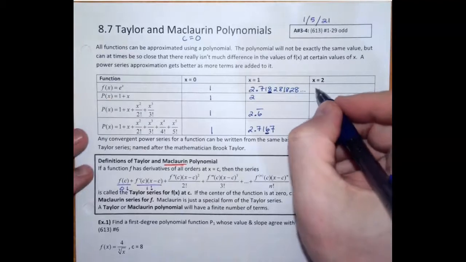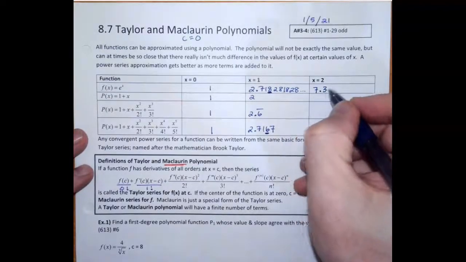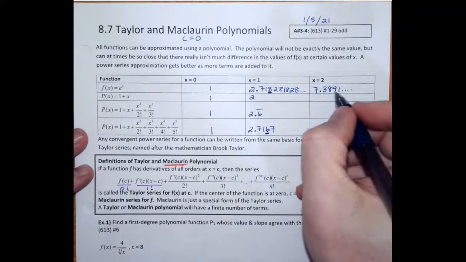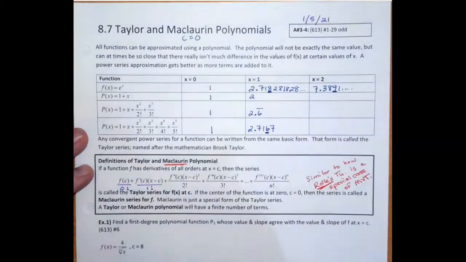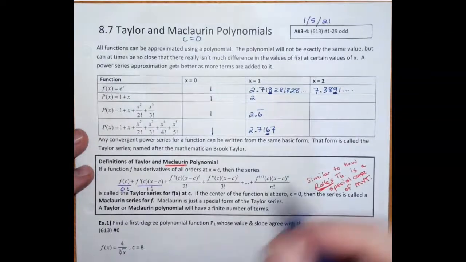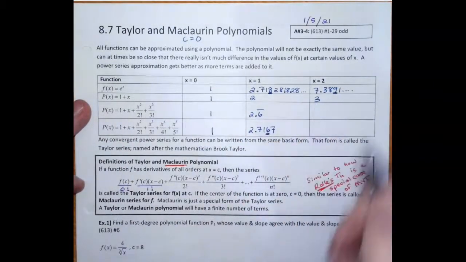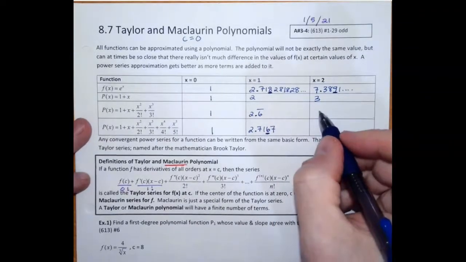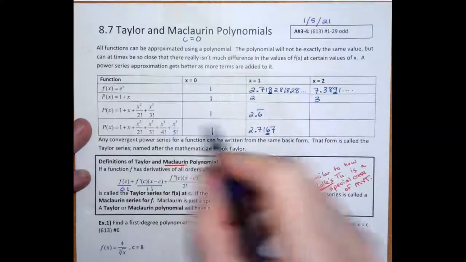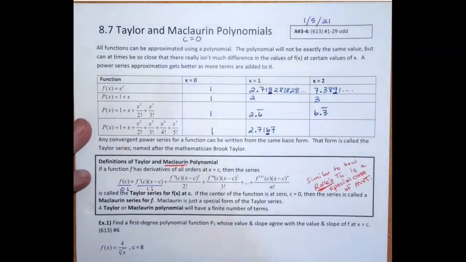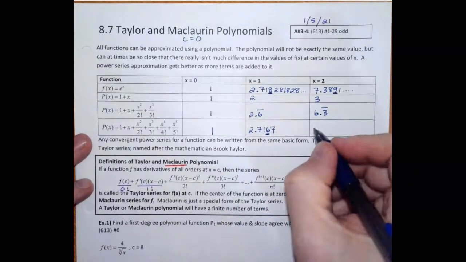And if we move over and do e squared, that's going to be 7.3891, etc., and that would round off to 7.389. So we want to keep that in mind. If we plug in 2 here, 1 plus 2 is 3. That's not very good. But if we extend it out to a couple more terms, then that would be 6.3 repeating, which is still not very good.